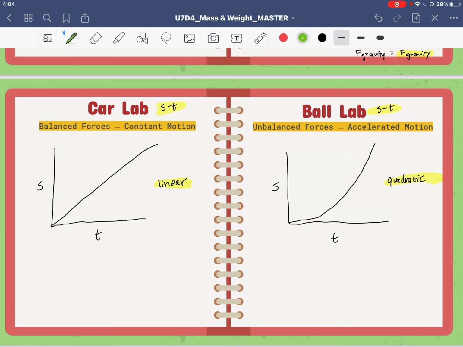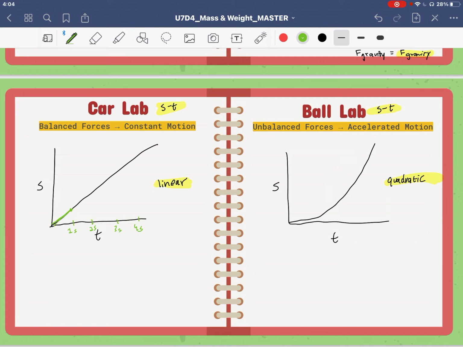Okay, how should I interpret this? Well, there's a few things we can consider. I can look at, for every amount of time, let's say this is 1 second, 2 seconds, 3 seconds, 4 seconds, for every amount of time, my car traveled exactly the same amount. So let me show it this way actually.